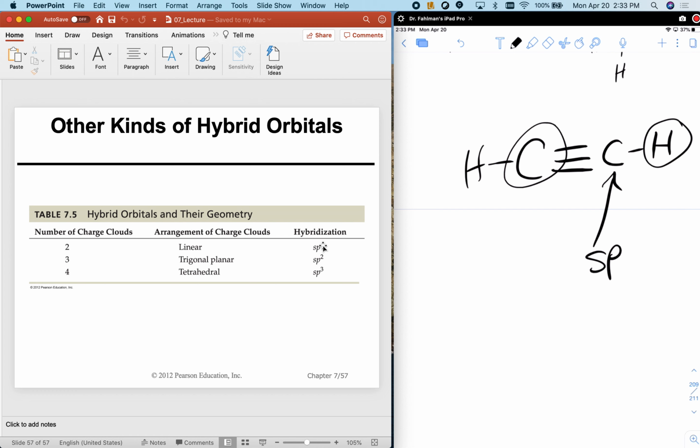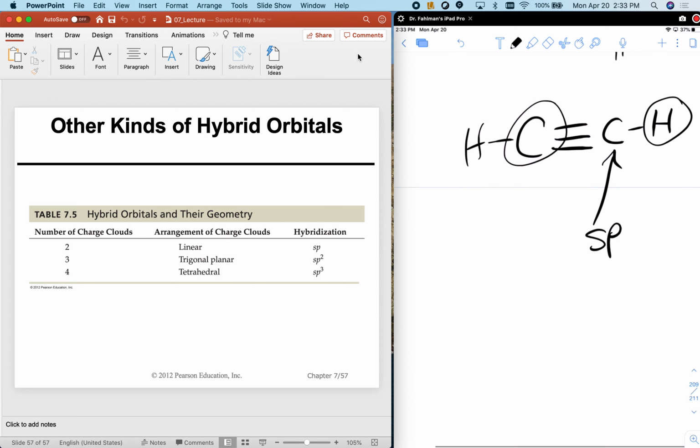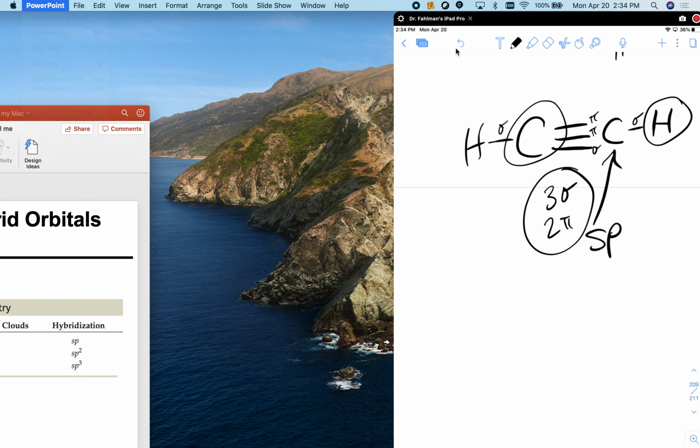And 2 things, it's just sp. Those are really the only questions you'll get: what is its hybridization, or how many sigma or pi orbitals do you have? In this case, we already did this one, you would have a total of 3 sigmas and 2 pi's. All right, so that is the rest of chapter 7.